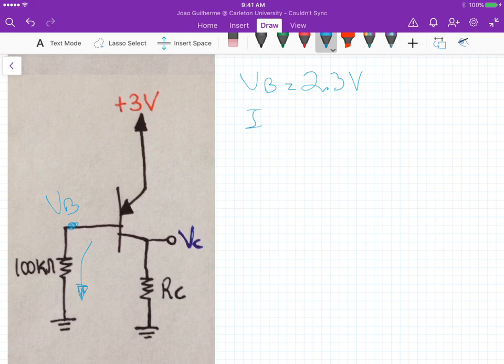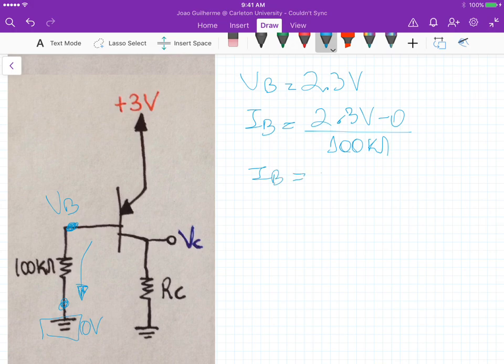So the current IB is going to be equal to the voltage, 2.3 volts at this terminal, minus the voltage at this terminal, which is grounded, 0 volts, divided by 100K. And this gives us an IB of 23 microamps.